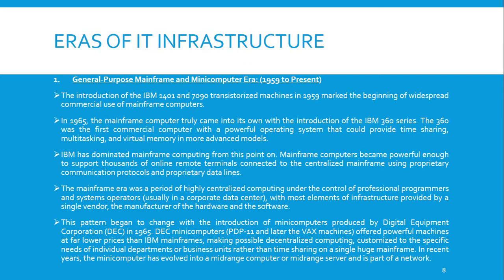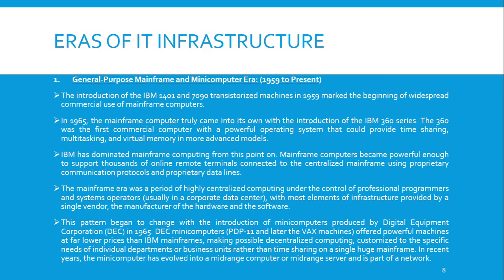So these were the main characteristics of this mainframe era. The computing was highly centralized. Mainframes were installed in headquarters or the regional headquarters, and the centralized processing was done there under the control of professional programmers and system operators.